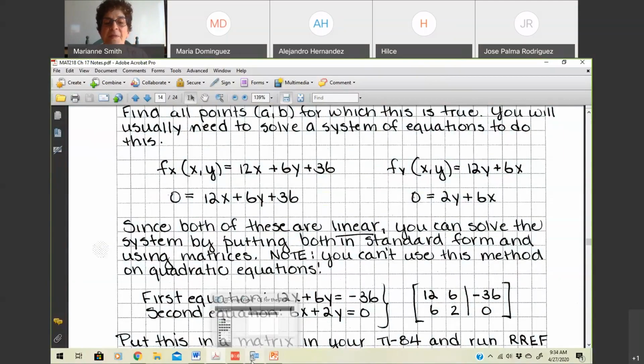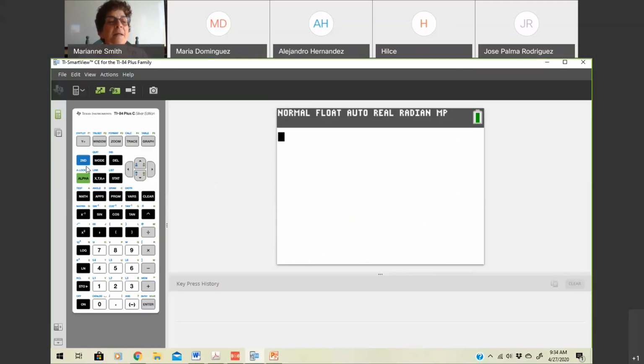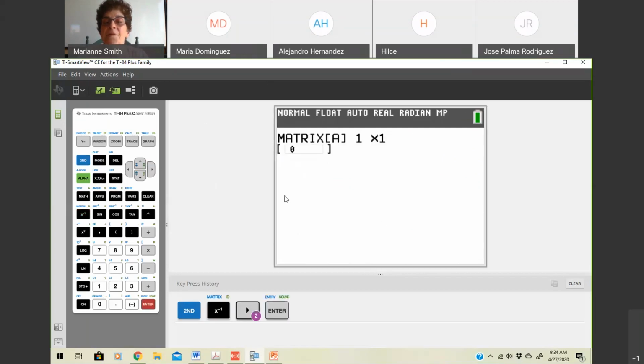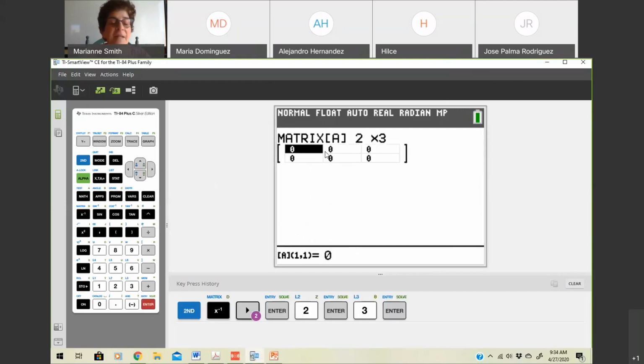So going over to the TI, I'm going to go to second matrix. And then remember it's edit. And here's matrix A. Again, you might have to clear your matrices or type over them. My matrix had 2 rows and 3 columns, so it's a 2 by 3. Okay, that looks like the right shape. And then I'm going to put the values in.